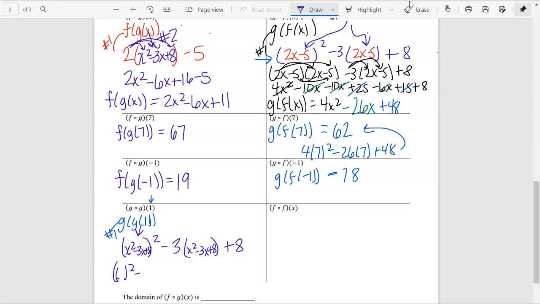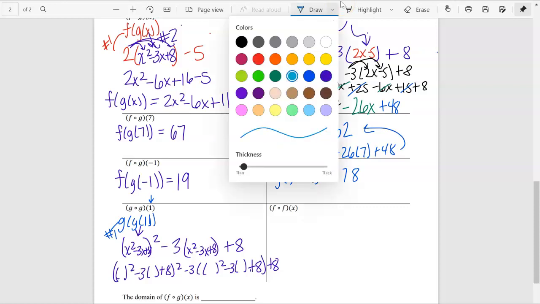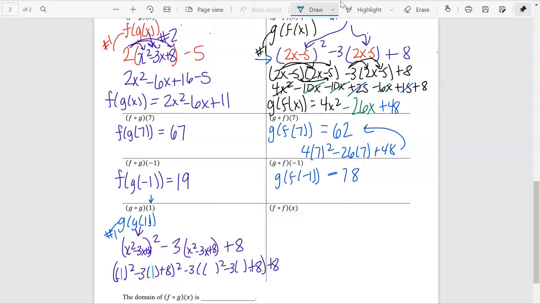So I'm going to stretch this out a little bit. I absolutely could work this problem on the calculator and probably would have a better chance of not making a mistake, because this is a lot of room for error here. We're supposed to plug in a 1, a 1, a 1, a 1. Now it is nice that it's a 1, so that helps me a little bit.